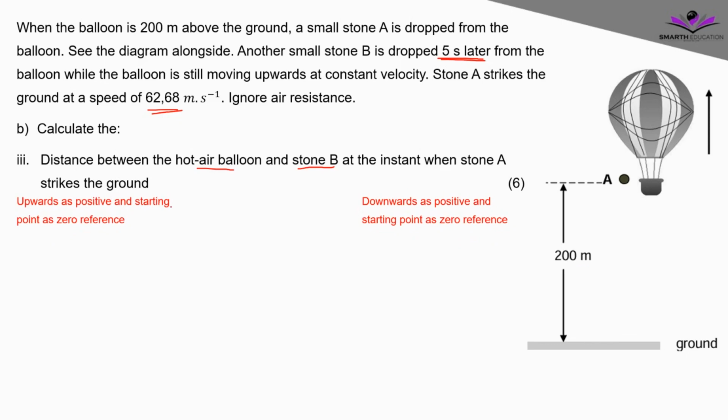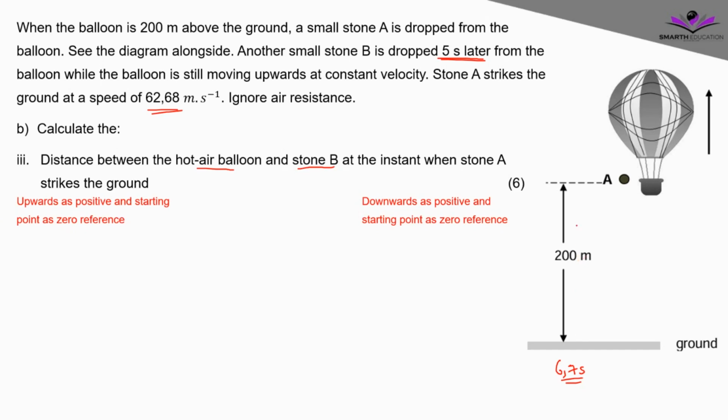Right, let's look at this. Stone A will take 6.7 seconds to strike the ground. Stone B is released 5 seconds after stone A is released. So when stone A hits the ground, for how many seconds has stone B traveled?